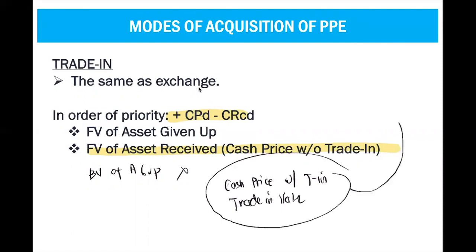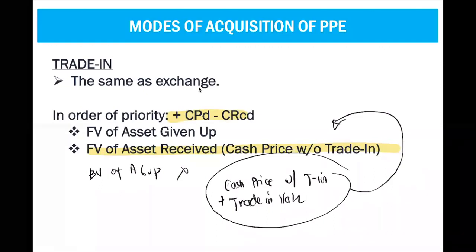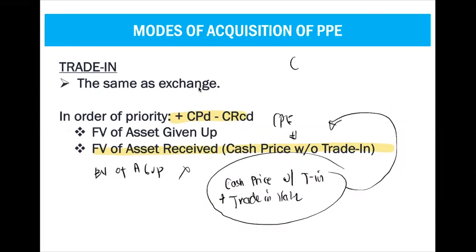So, to get for the cash price without trade-in, you need to add the trade-in value. Kasi nga, ang fair value of asset received is cash price without trade-in. So, that is the total cash price equivalent, kumbaga. So, yung cash price equivalent mo, less the trade-in amount, eto pa yung babayaran mo, di ba? So, eto naman yung cash price with trade-in.